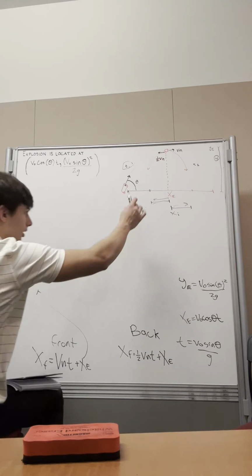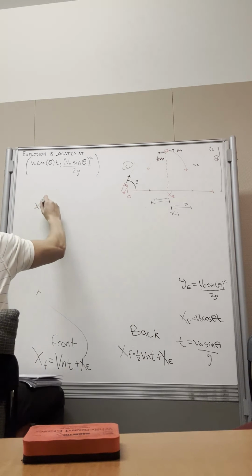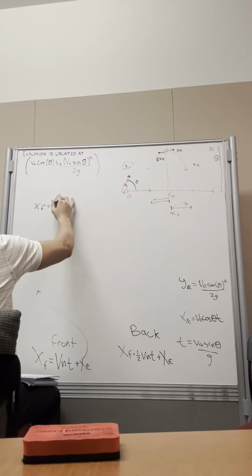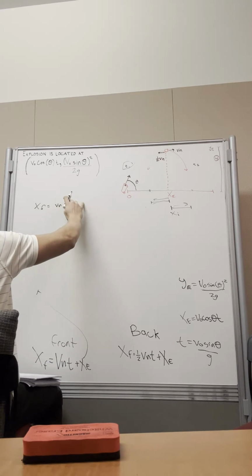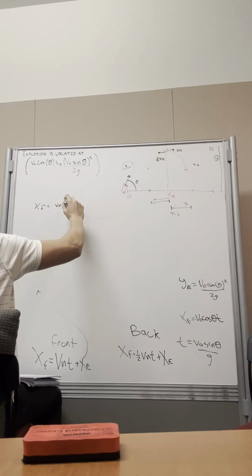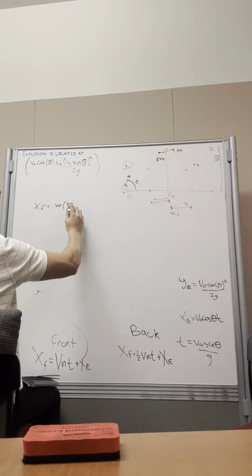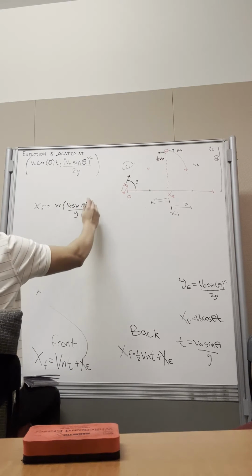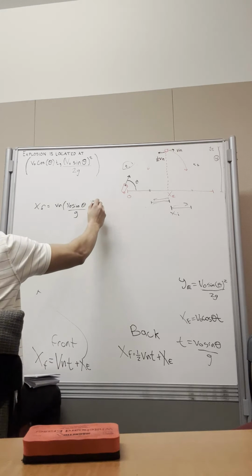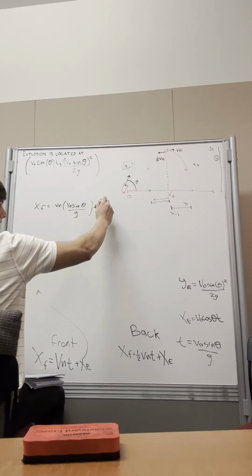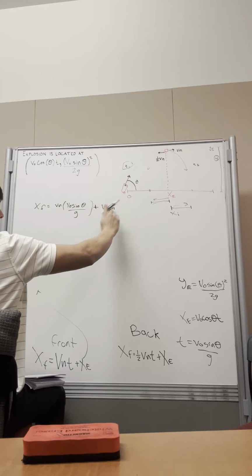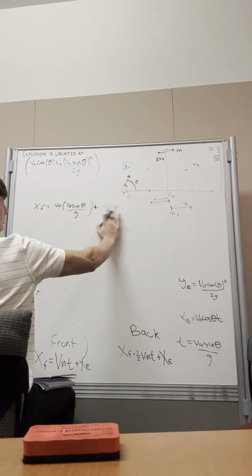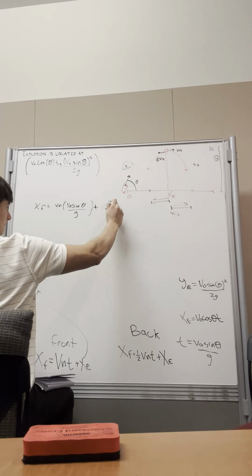The x final of the particle that is shot out in the front. So the x final position is going to be the new velocity times time, right? Times time, and it's v naught sine of theta over g, plus xe, the x position of the explosion. That's the most simple form.